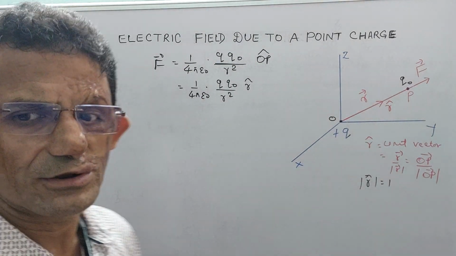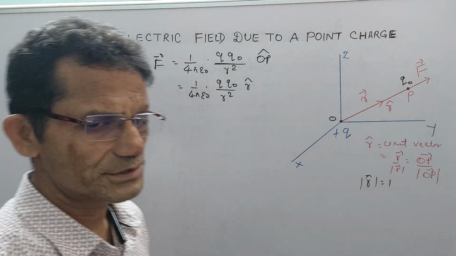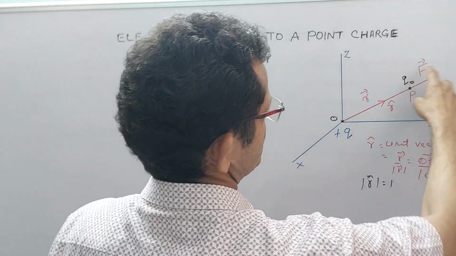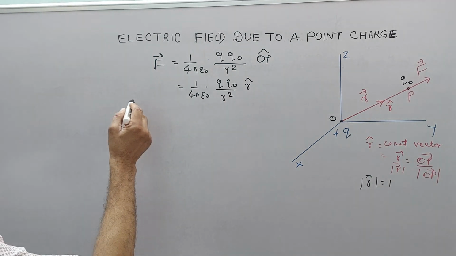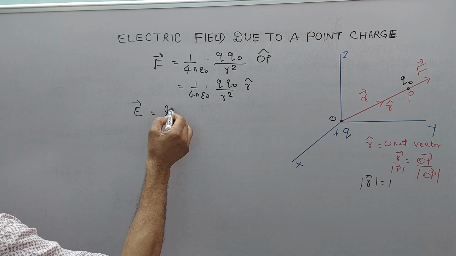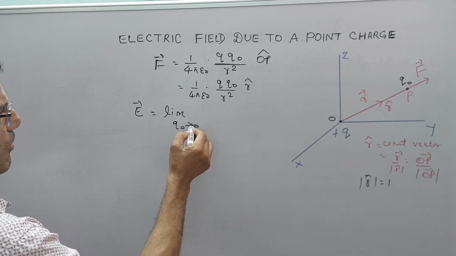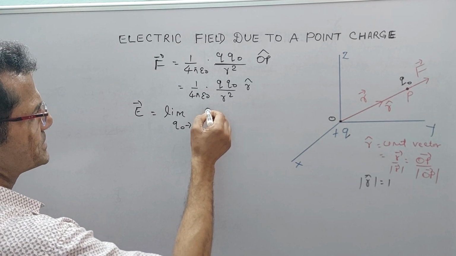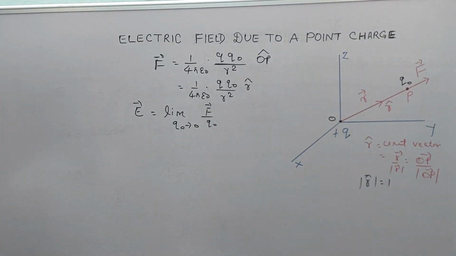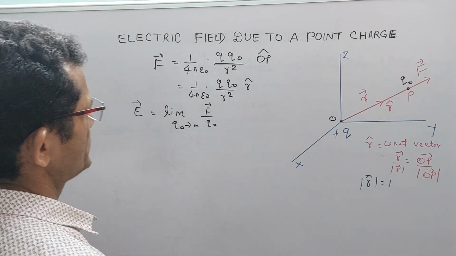Now by the definition, the electric field at the point P will be force per unit charge. Suppose this force F is experienced by test charge Q naught. According to the definition, the limit of Q naught should be very small, and the force experienced by the unit charge will be F upon Q naught.